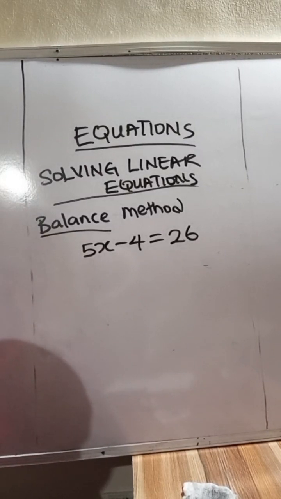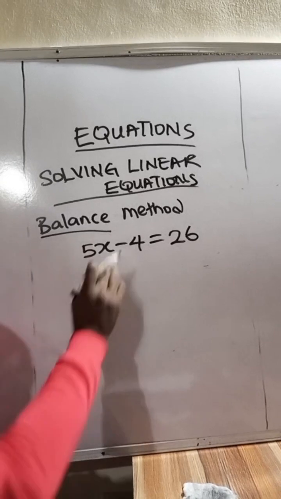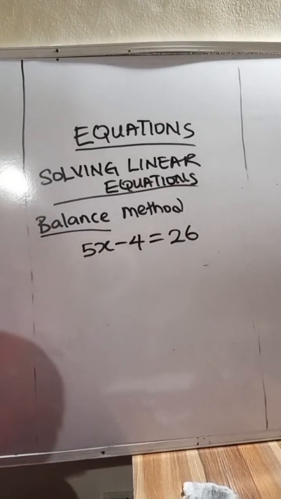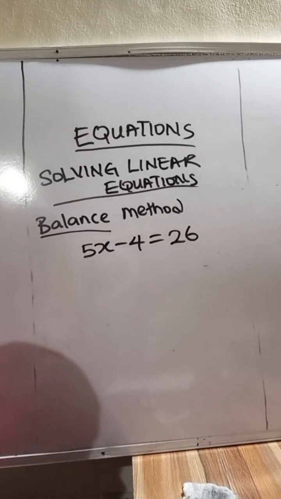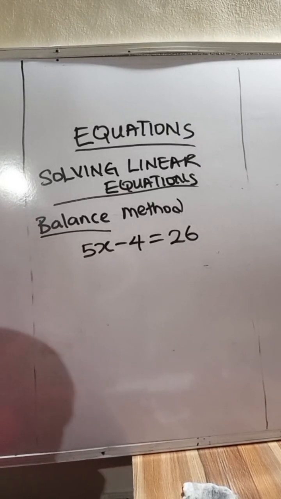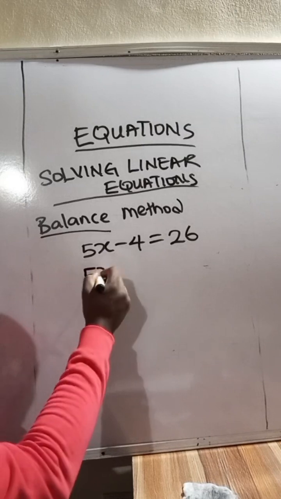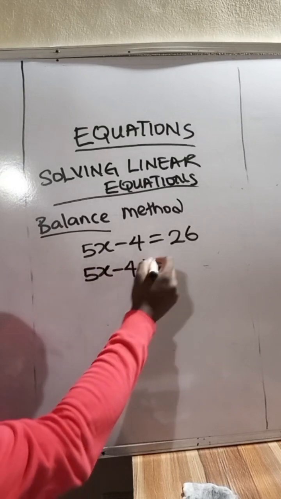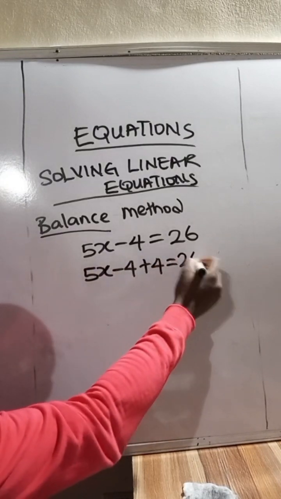Somebody has already gotten the answer, but we are solving so that everybody will be carried along. To eliminate minus 4, we introduce its opposite, which is plus 4. So we have 5x minus 4 plus 4 is equal to 26.